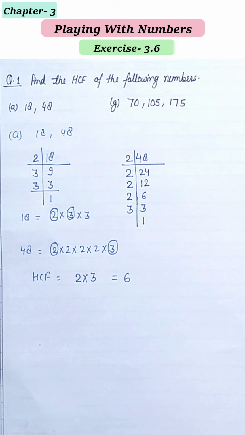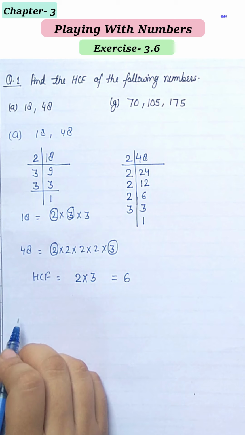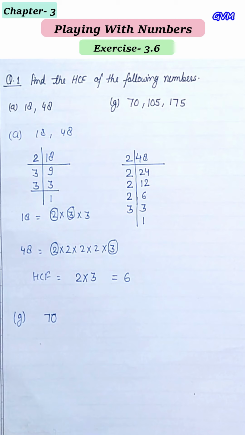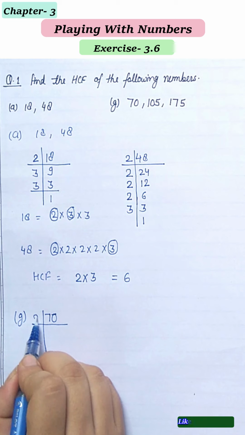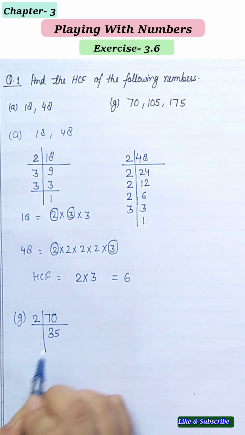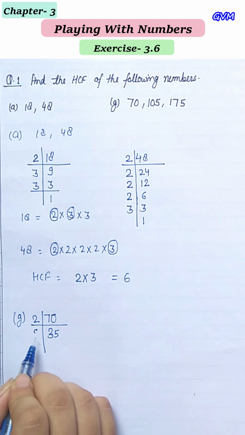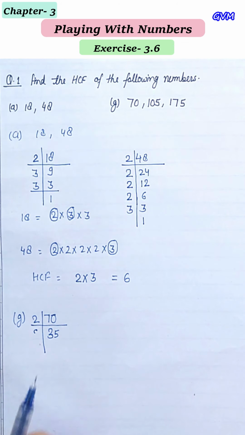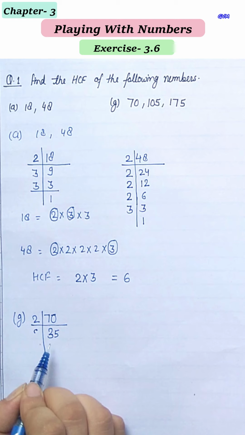Okay, similarly we need to find the HCF for 70, 105 and 175. So start with 70. We will factorize 70. Start with 2, it is an even number, 35 2s are 70, and since it is 35, the next prime number we have is 3. 3 cannot divide 35 because 5 plus 3 is 8 and 3 cannot divide 8, so we will go for 5.